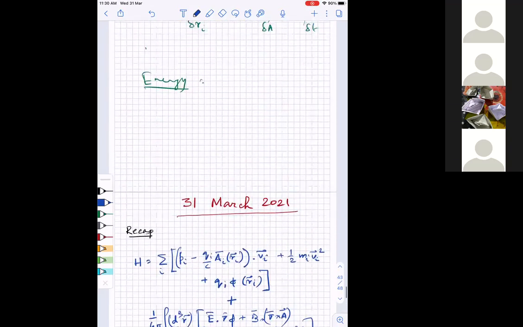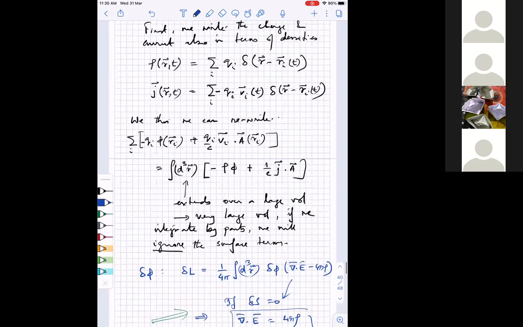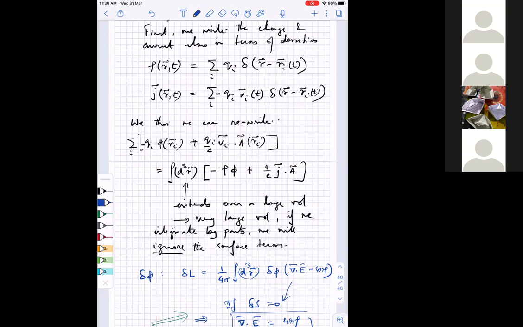Let me find that equation over here. So over here, by suitably defining my charge and current density with the position and the motion of the charges, we wrote down this equation, which was this, right?